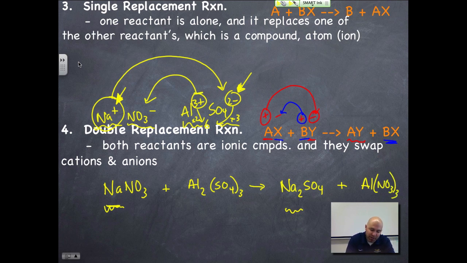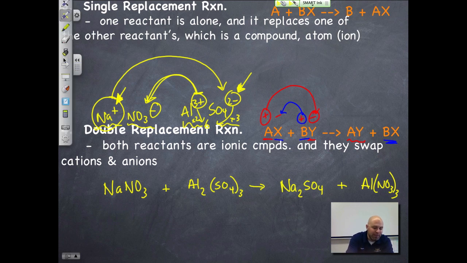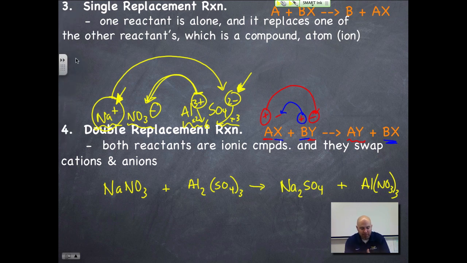Again, that's because we have a 3+ getting together with a 1-. So there's our equation, I should say. The sodium nitrate getting together with aluminum sulfate to produce sodium sulfate and aluminum nitrate. Now it's not balanced, but that is your double replacement reaction.